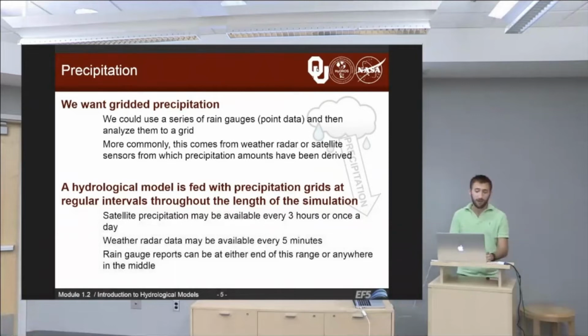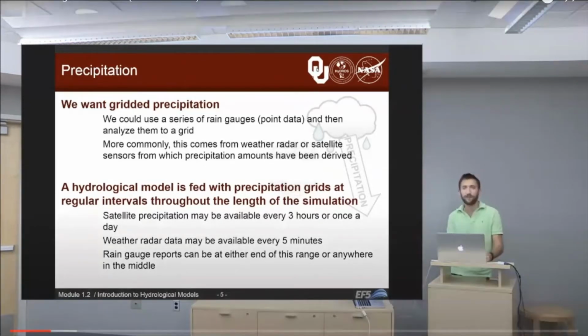And so a hydrological model is actually fed with precipitation grids at regular intervals throughout the length of the simulation. A satellite may provide an estimate of precipitation every 3 hours or every 6 hours or every 12 hours. Weather radar may provide an estimate every 2 minutes, 5 minutes or 10 minutes.